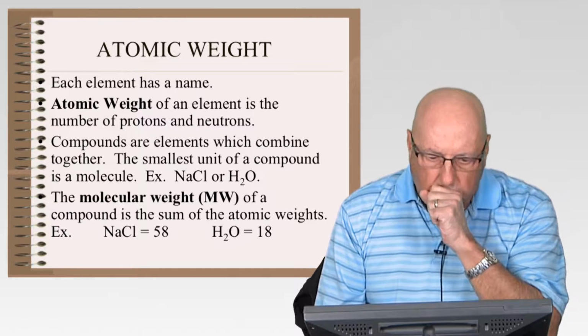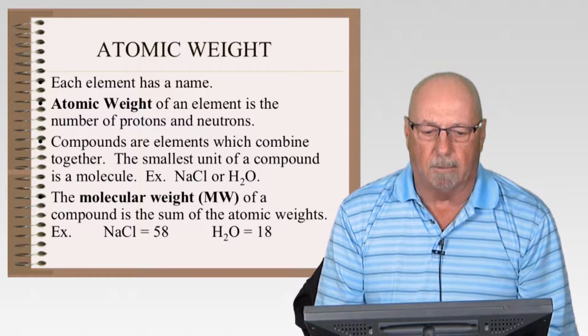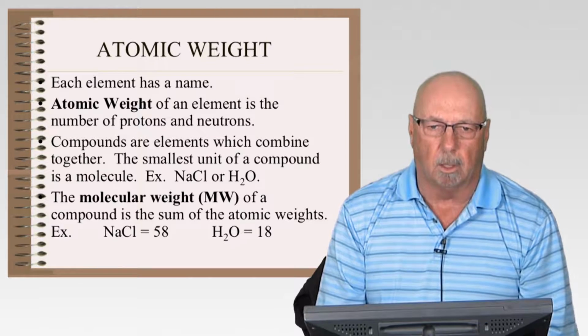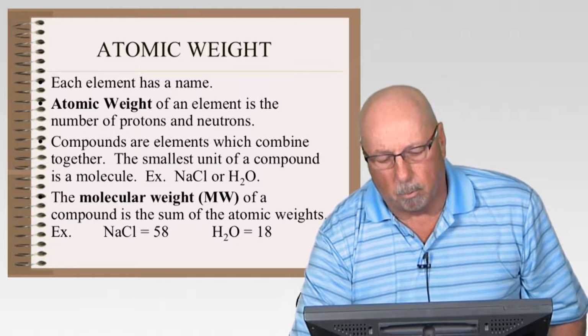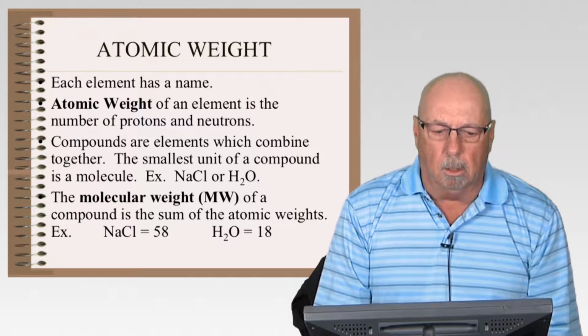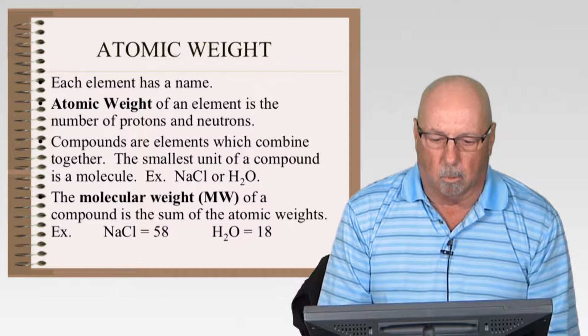When you combine those atoms, you add the atomic weights of each of the atoms present in that compound, and you come up with that particular element or compound's molecular weight.